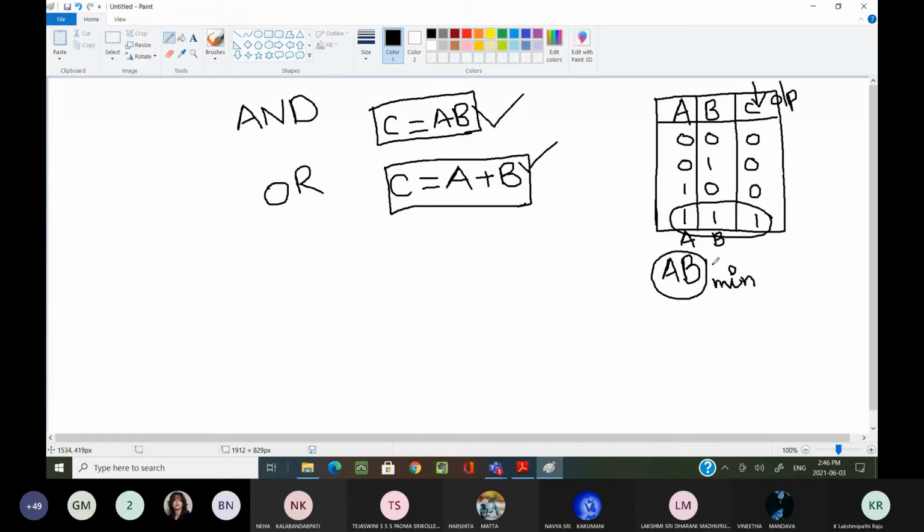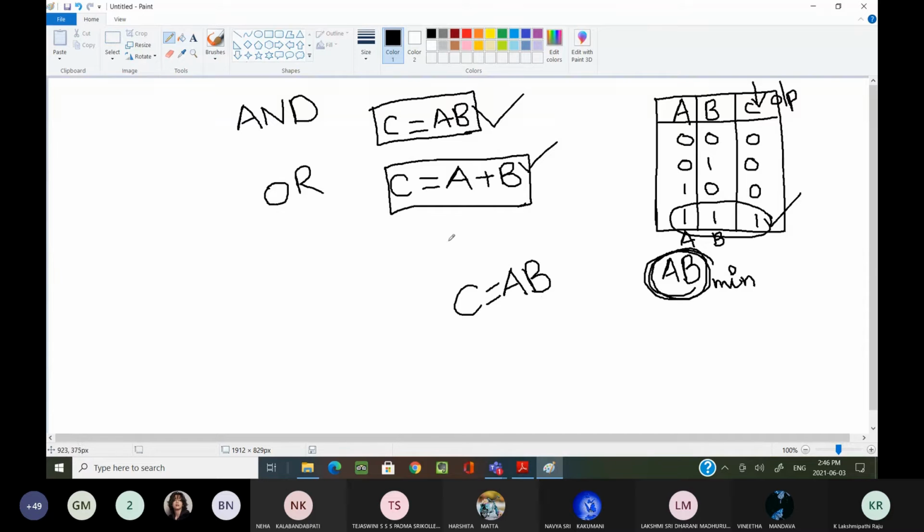Now, why am I writing only the min term AB? Because only in this input combination I am getting the output as 1. That is the reason I have written AB as my logical expression for an AND operation.